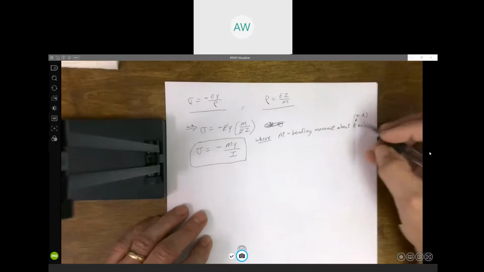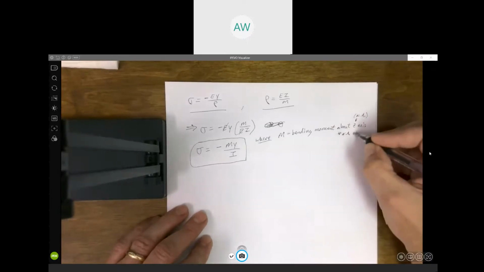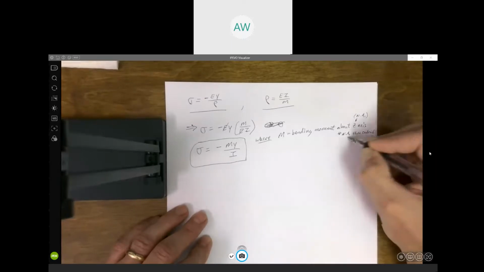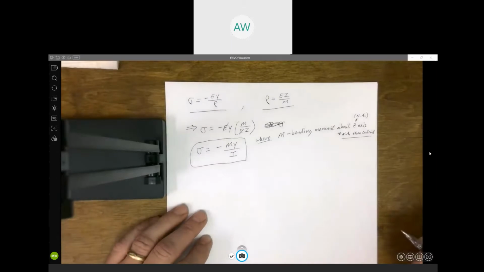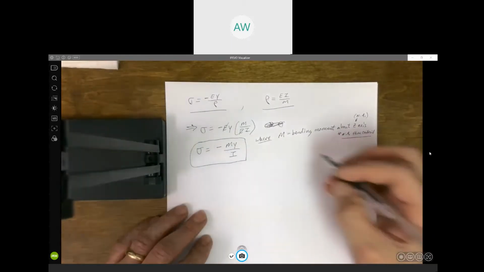And remember, the neutral axis goes through the centroid. This formula, the sign convention is such that the negative stress is going to correspond to compression, and a positive stress corresponds to tension, just like we always have done. And I'll point it out and we'll talk about that in just a second.